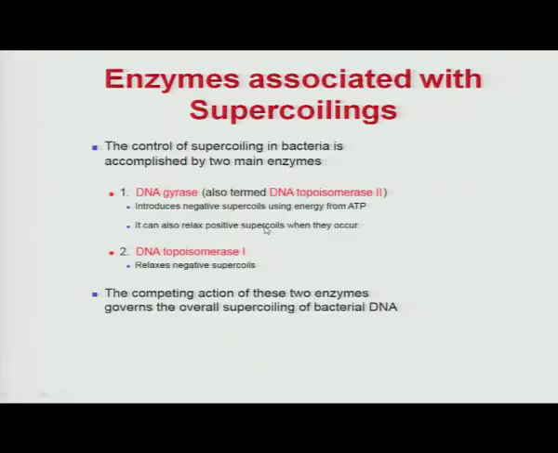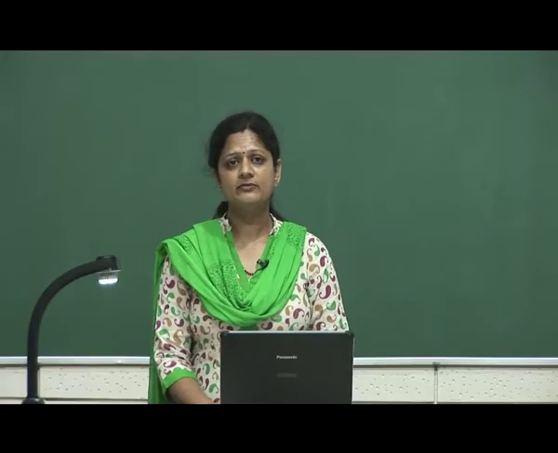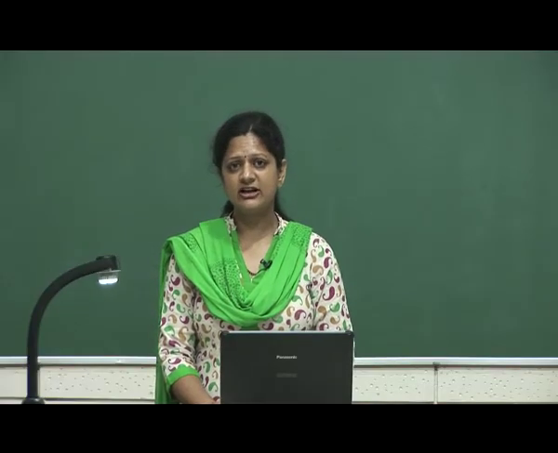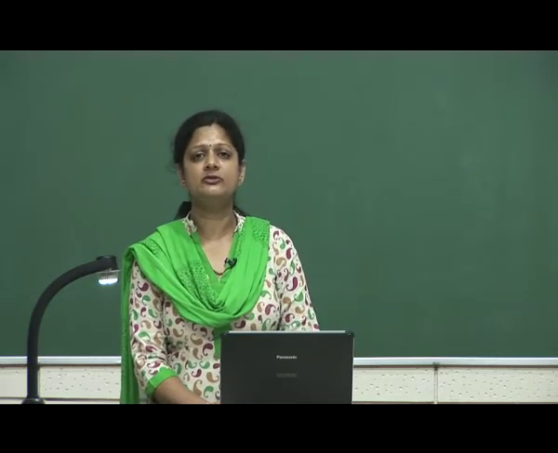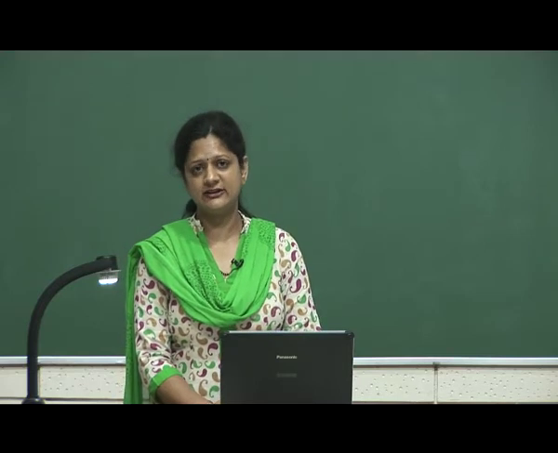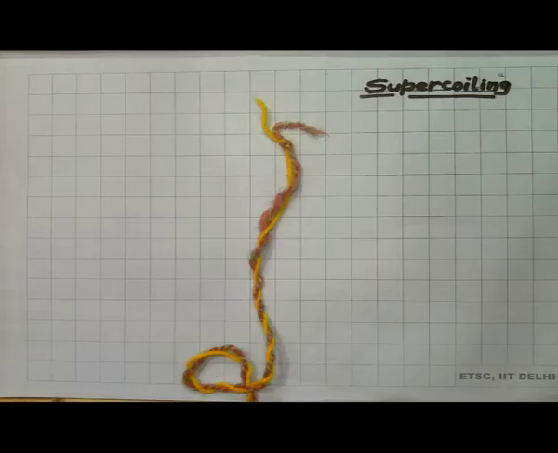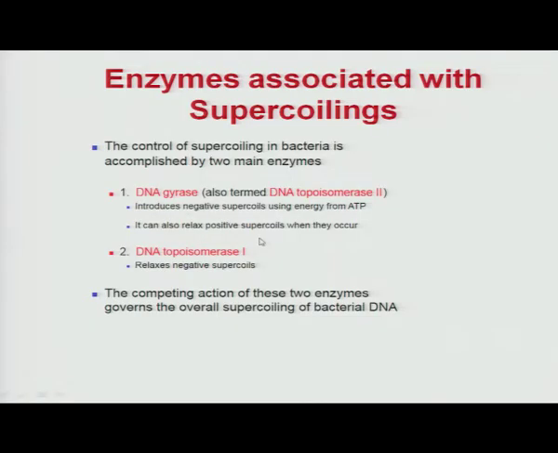So, till now we learned about the viral genome and the bacterial genome. The bacterial genome organizes itself with the help of two different processes. One is loop formation with the help of integrated host factor and DNA binding proteins, and then those loops get supercoiled to reduce the size, and two types of enzymes are involved in that supercoiling.